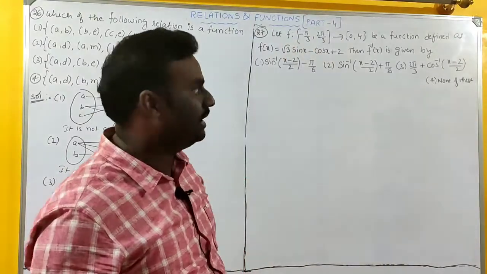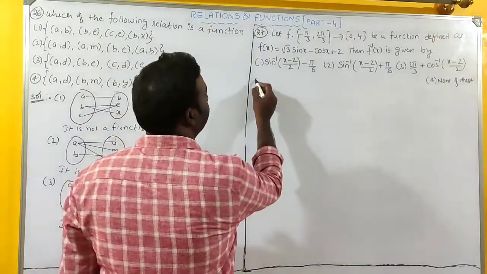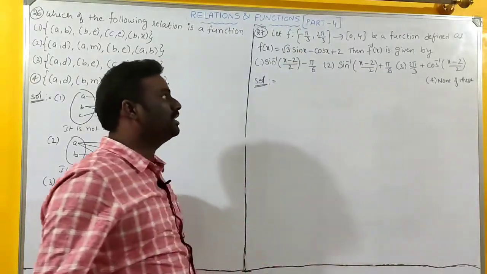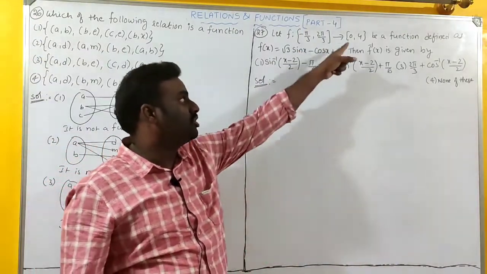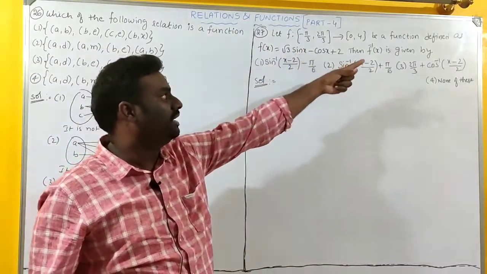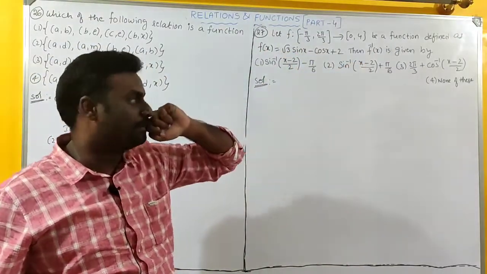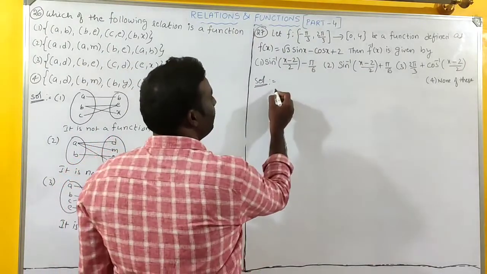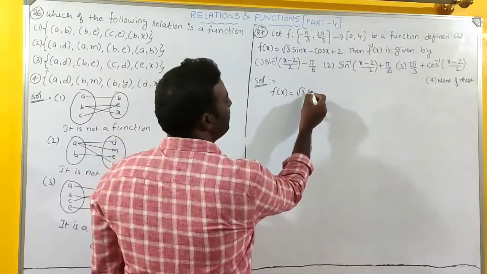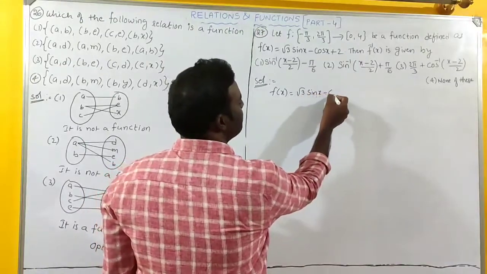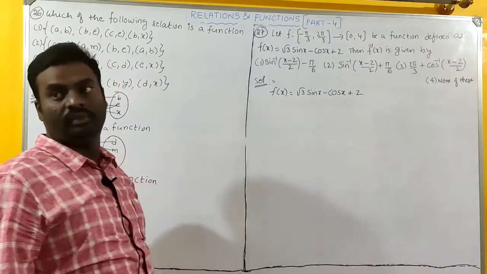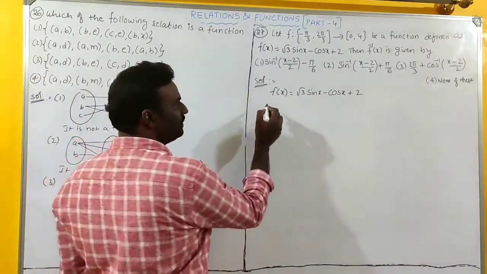Coming to the next one. If f maps from minus pi by 3 to 2 pi by 3 to 0 to 4 be a function defined as f of x equals, then find f inverse x. See here, f of x is given as root 3 sin x minus cos x plus 2. Now I am simplifying this.